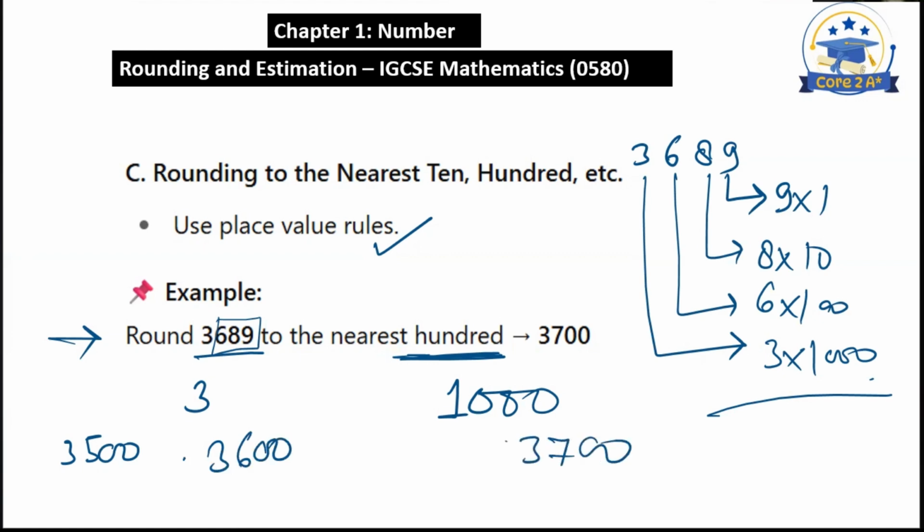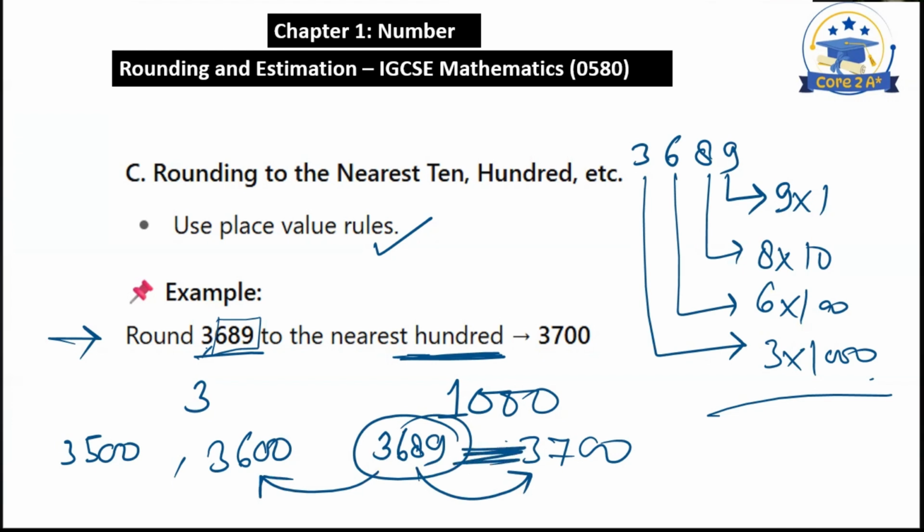Like that we have a series. But see, this 3689, this is nearest to where? 3689 is nearest to 3700, not 3600. This is the closest to 3700. That's why the answer would be 3700.